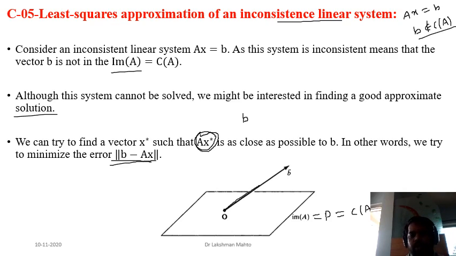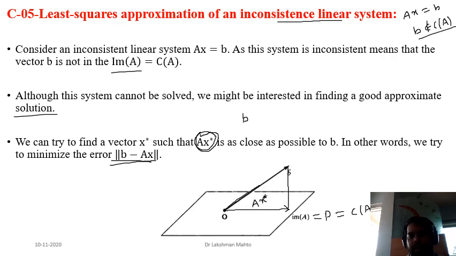So that means it is a situation of an inconsistent linear system. So what you will do, you will project this onto the column space of A. So this is the projected part, and this projected part is what we are calling A times x star, in the plane.